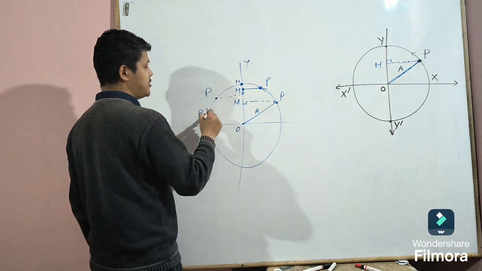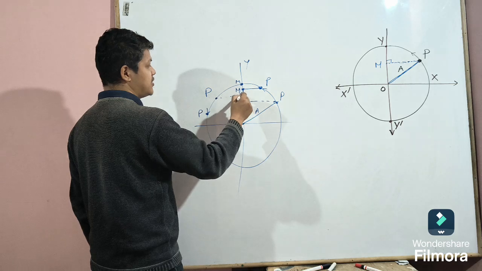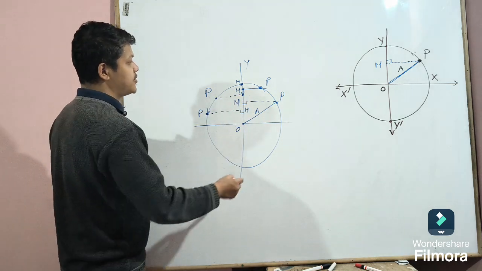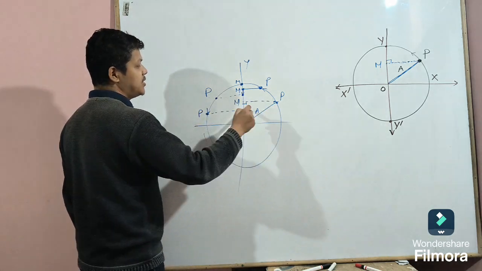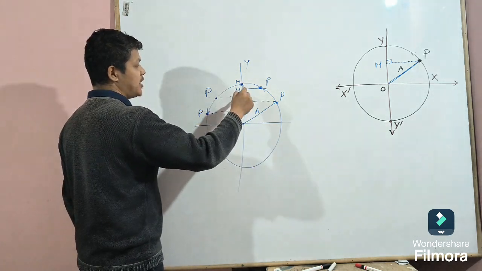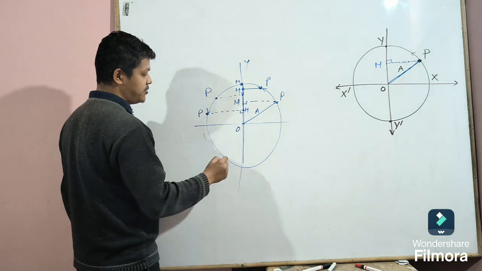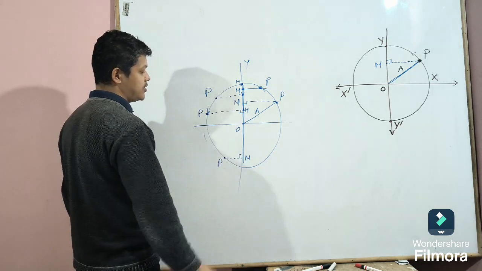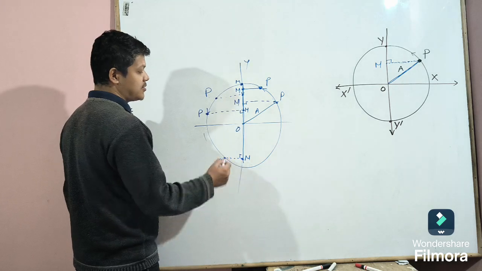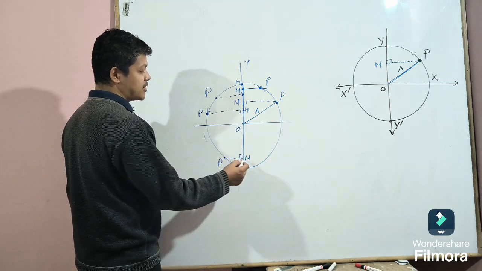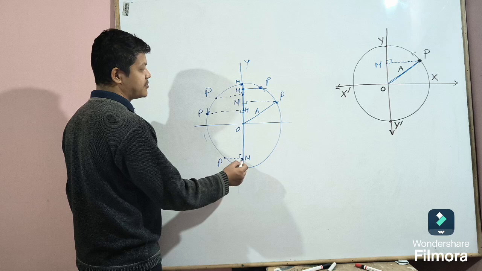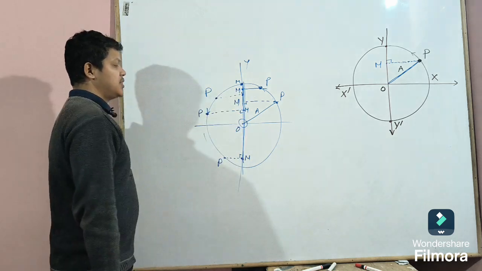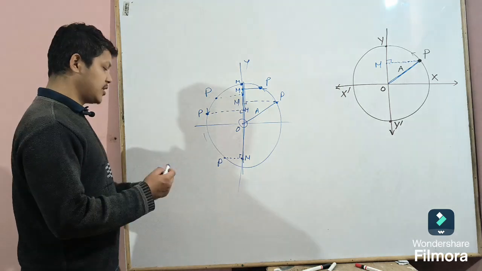Similarly, if P comes to this position, then this perpendicular is also coming down. So with this circular motion of P, this point M is going up and down like this. When P is here, then the perpendicular to the y-axis will be here, so now M is coming down. So we can consider that this point M is oscillating about the origin, right? We can consider that way.